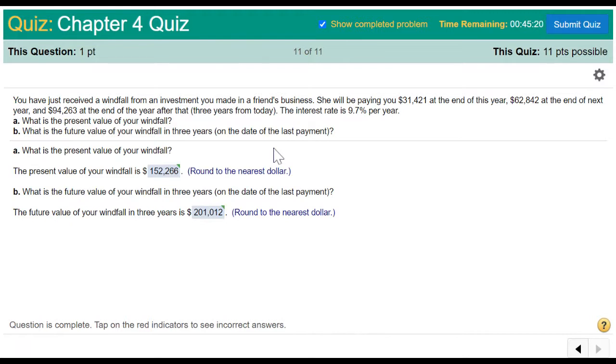Right? So N equals 3, I/Y equals 9.7, payment is 0, present value is 152,266, and then compute for future value. And that's how you get the 201,012.